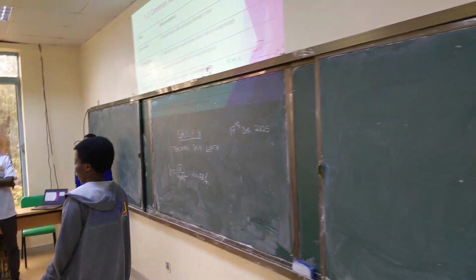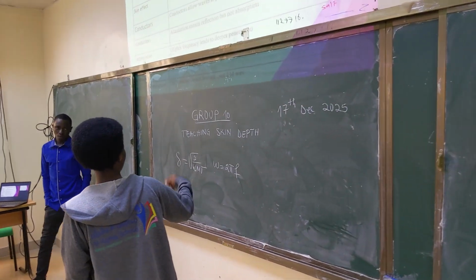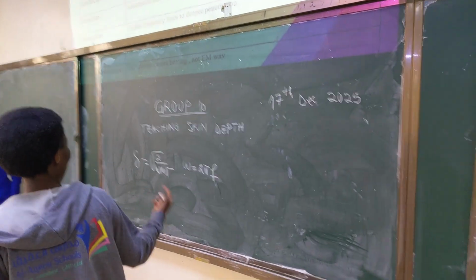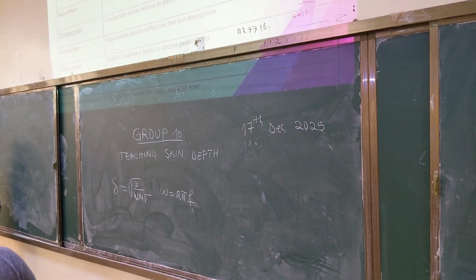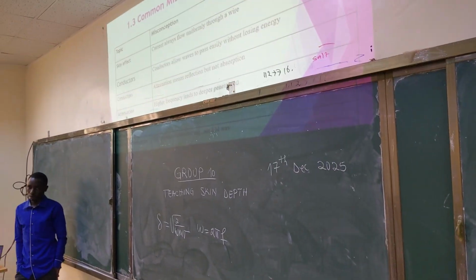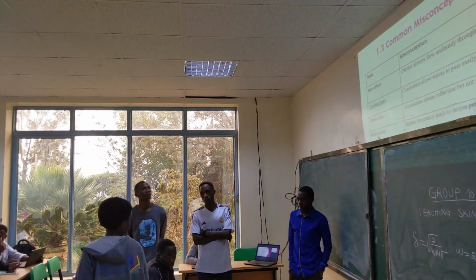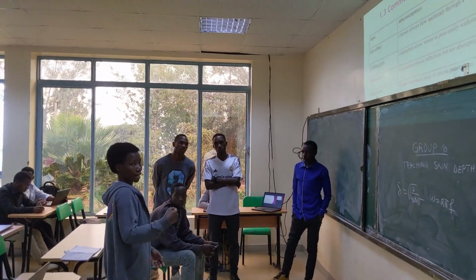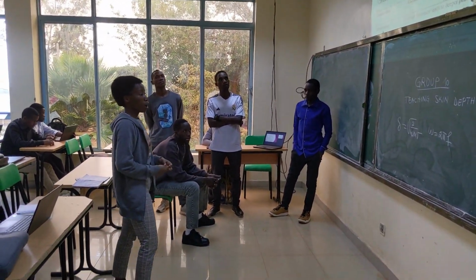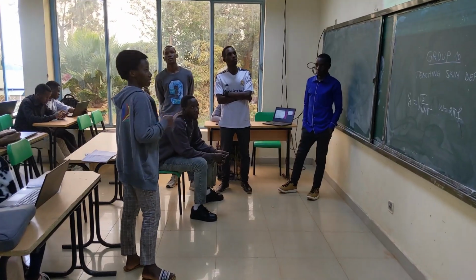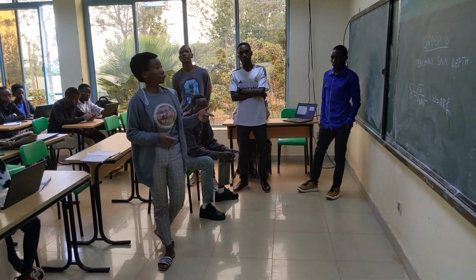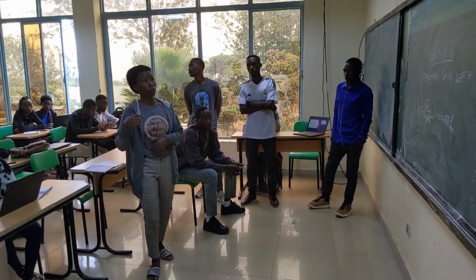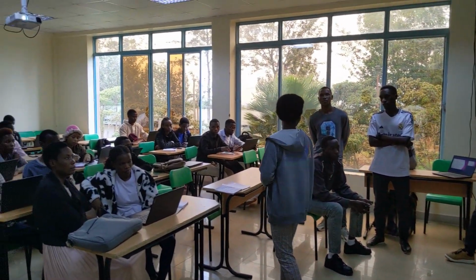When frequency increases, angular frequency increases, and when angular frequency increases, skin depth decreases. A smaller skin depth means less penetration. That is the reason why the statement that higher frequency leads to deeper penetration is not true. Thank you.